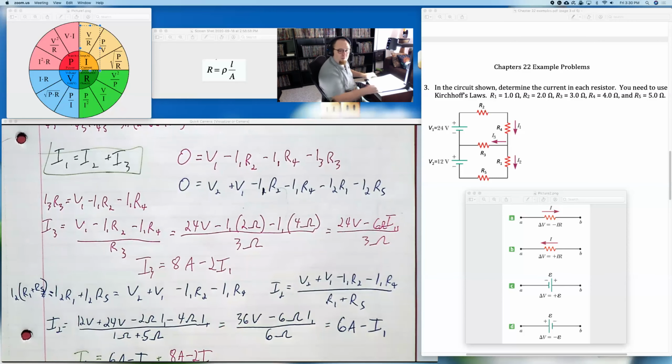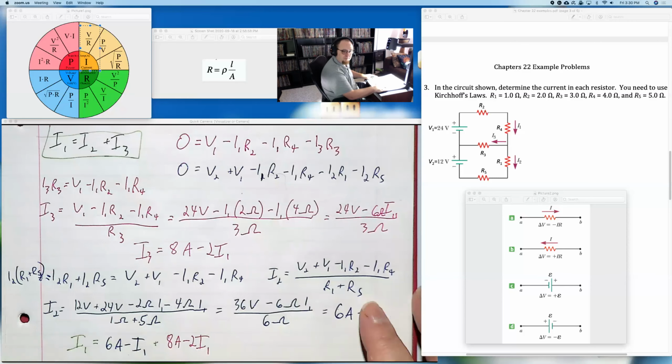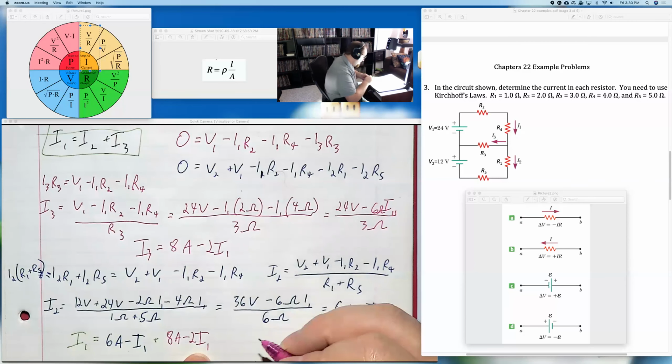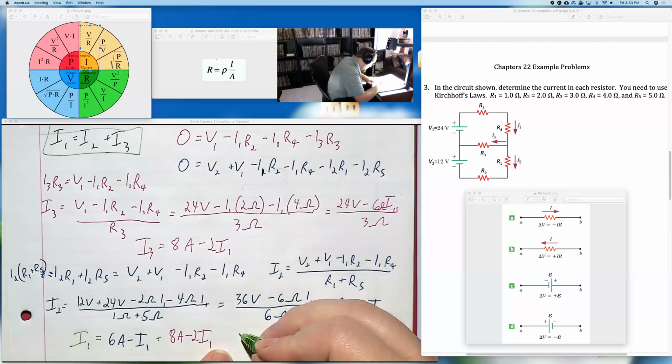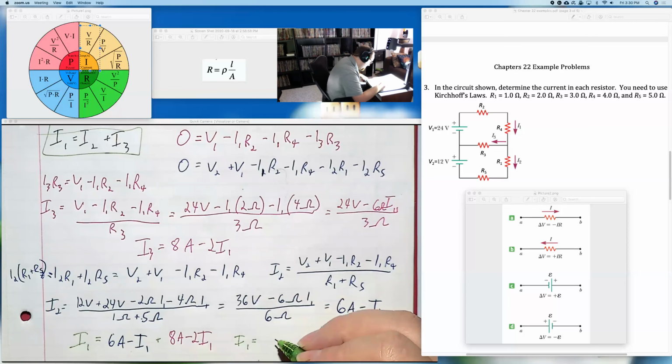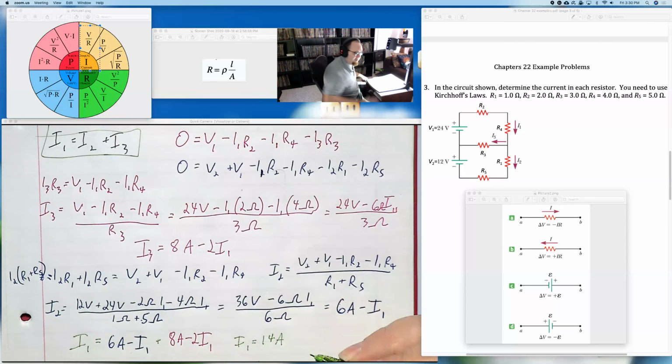And I can solve, oh, I'm off the bottom. And I can solve that. That says I1 equals 8 plus 6, 14. I just blanked on that math for a second because that's the way my head's at.